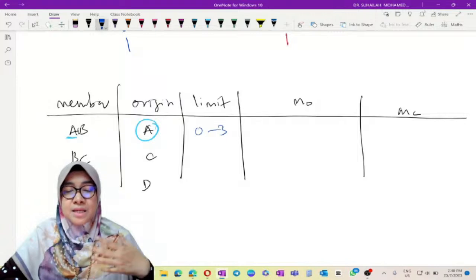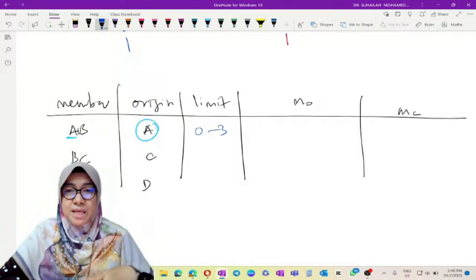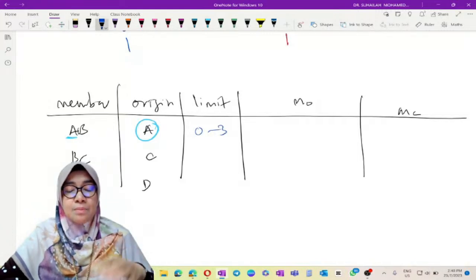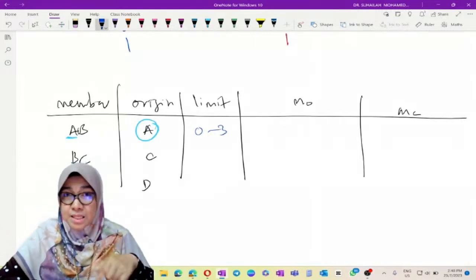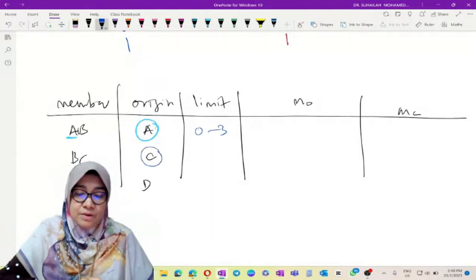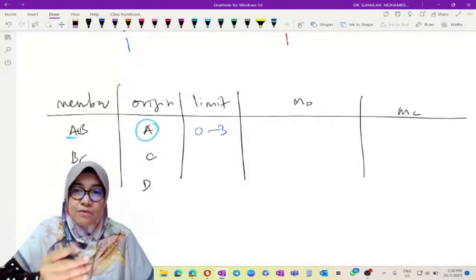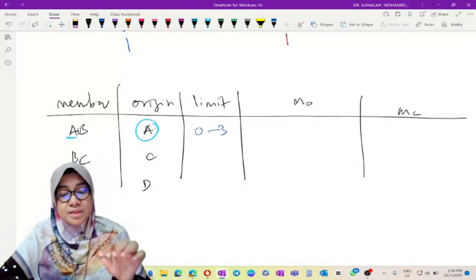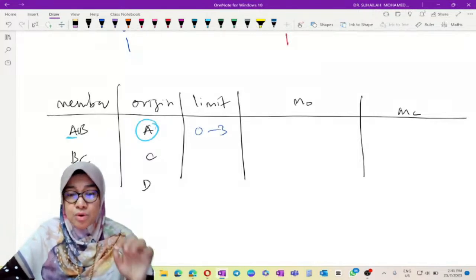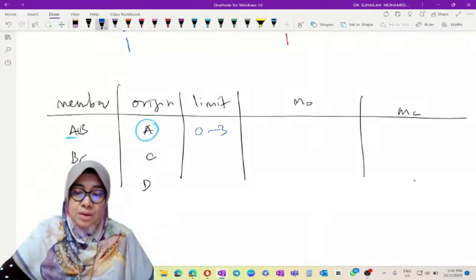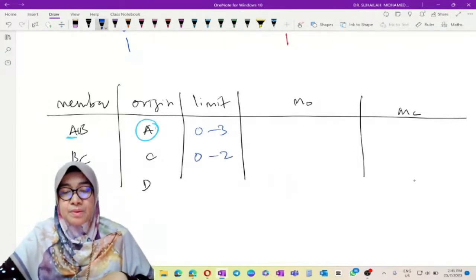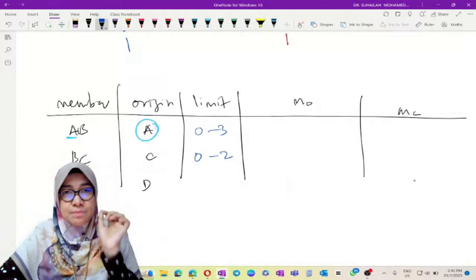For BC, if I choose C as origin, since member BC contains C, C is 0. So here we will have 0 to 2.